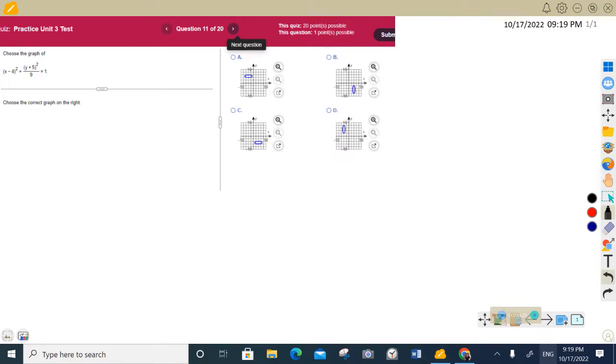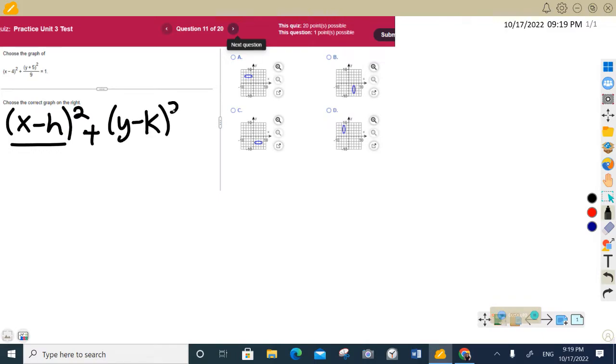So it wants us to choose the graph. Notice that it's an x squared plus a y squared. So the standard form for an ellipse is x minus h quantity squared over some number plus y minus k quantity squared over some number equals 1. Now, it looks like up here that x minus 4 squared is not over anything, but technically it's over 1.